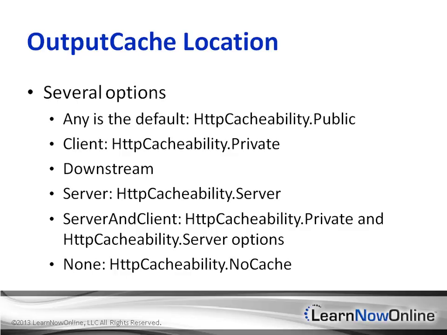And this value corresponds to the HttpCacheability NoCache enumeration value. Now, interestingly, the HttpCacheability default is Private, so the cache is only on the client. As a result, Any is the default for a reason. It works in most situations, but not always, so you're going to need to test to see what is most appropriate for your application. All right, so let's take a look at how you can use some of these options.